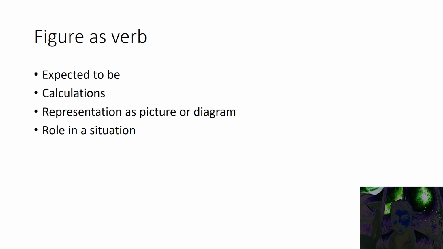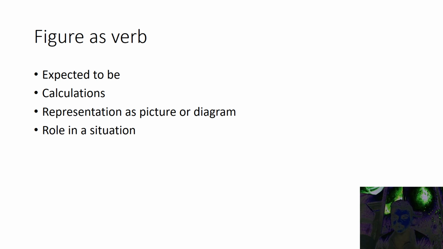Figures as a verb. I already told you that figures is used as a noun and a verb. The meanings as a noun are already clear. Now let's explain it as a verb. Figures is used as a verb for a condition expected, or to think, consider or expect to happen.